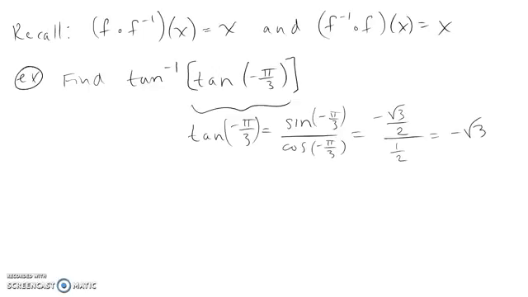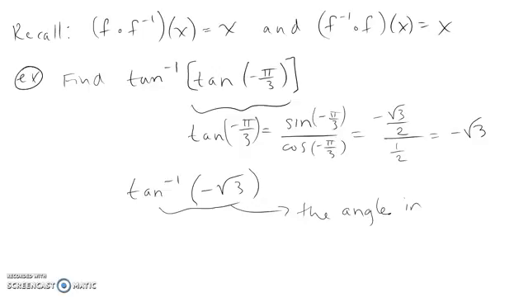Okay, so what we're really doing then is we're finding tangent inverse of -√3. Right? Remember what this means. This quantity here represents the angle, the inverse tangent is the angle in the correct interval.